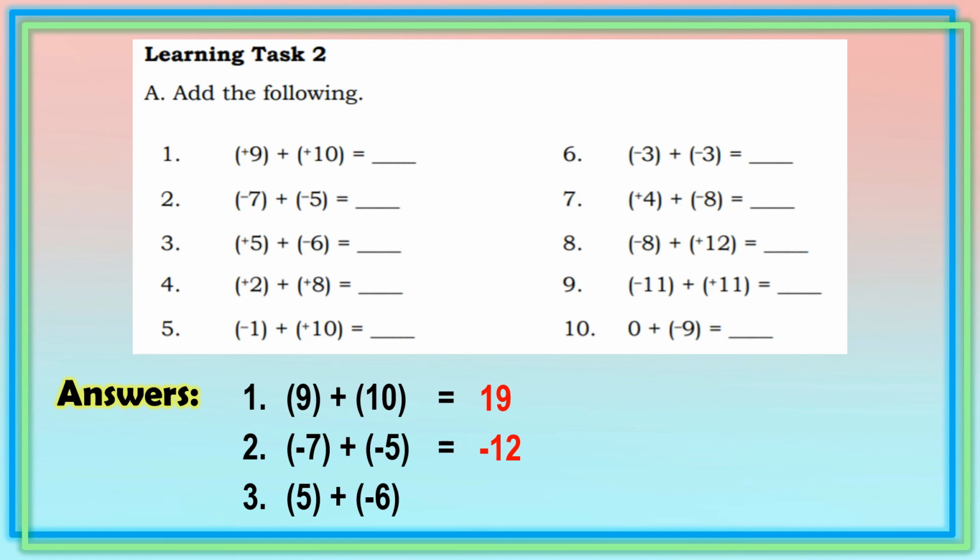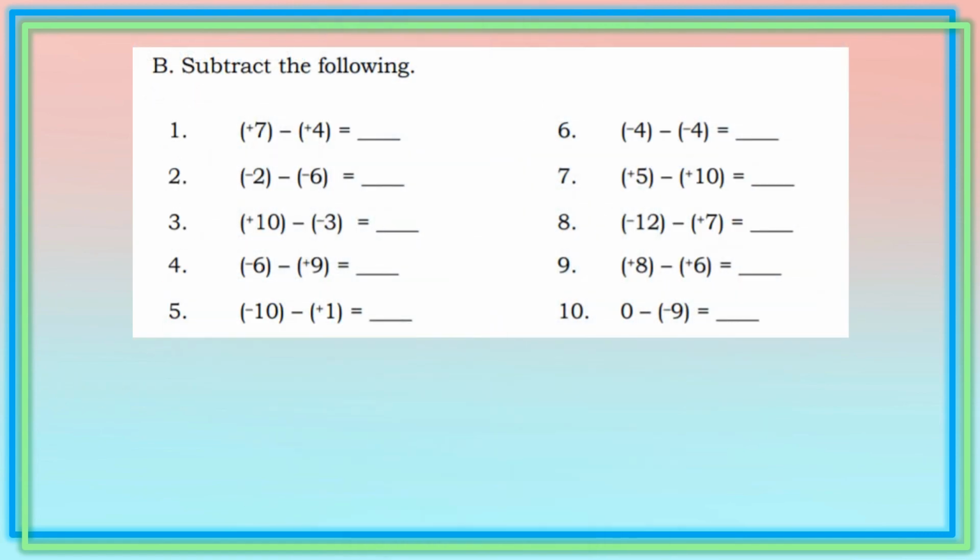So 6 minus 5 is equal to negative 1. For number 4 to 10, ito ay inyong magsisilbing assignment o gawain. Kaya niyo itong sagutan, di ba? Alright, kaya niyo yan.